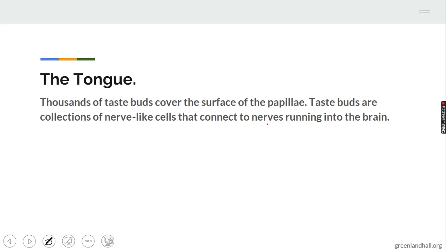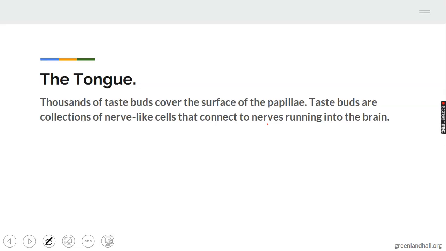Now we have thousands of taste buds that cover the surface of the papillae, that is the upper side of our tongue. These taste buds are nerve-like cells. They connect every part of your body, especially your feeding system, to the tongue.